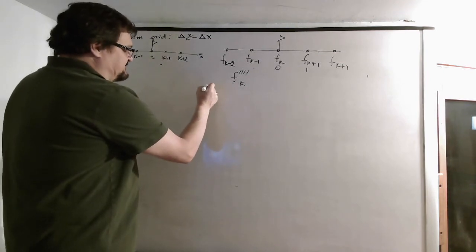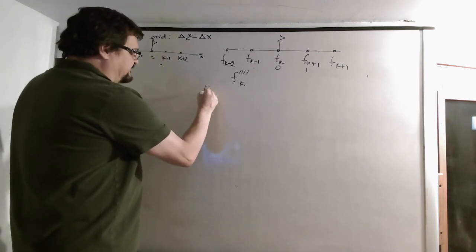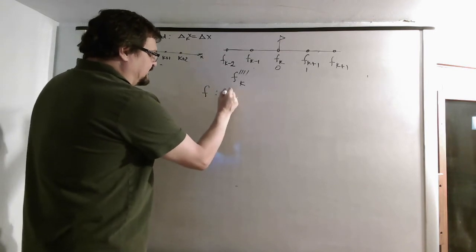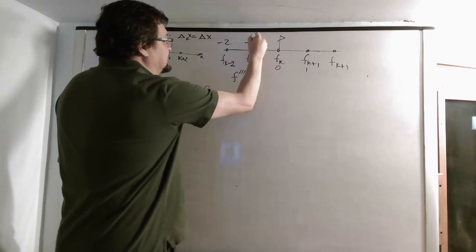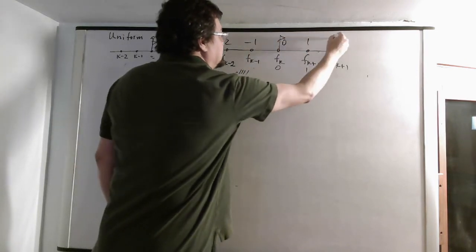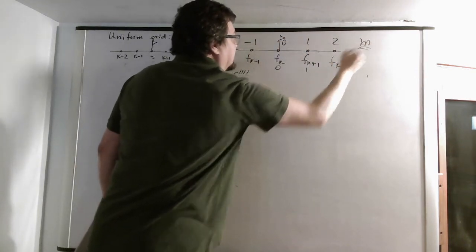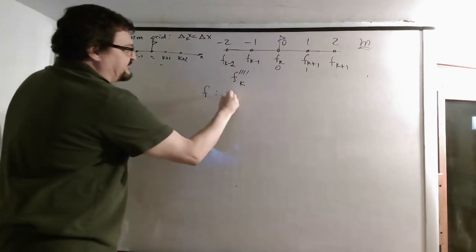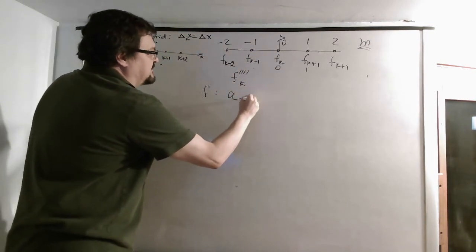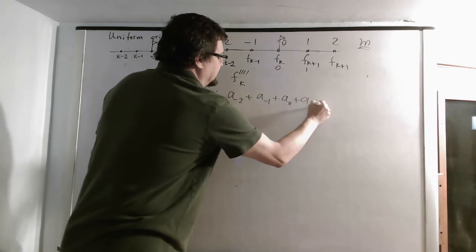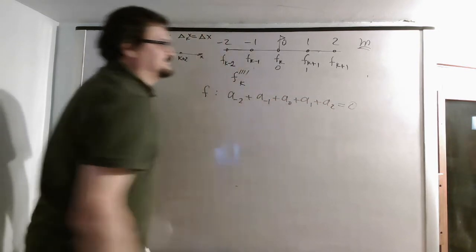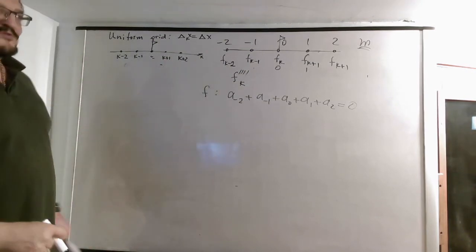For f, you have a sum with m equal to minus 2, minus 1, 0, 1, 2. So you have a minus 2 plus a minus 1 plus a0 plus a1 plus a2 equals 0. That's always like that.